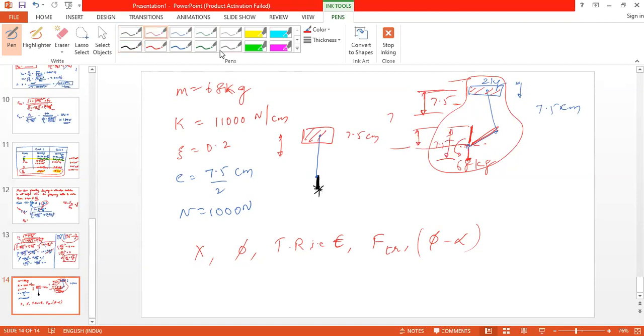When the piston is at the bottom dead center, the connecting rod will be like this, and the crank will be like this. So the eccentricity will be half of the displacement of the piston.